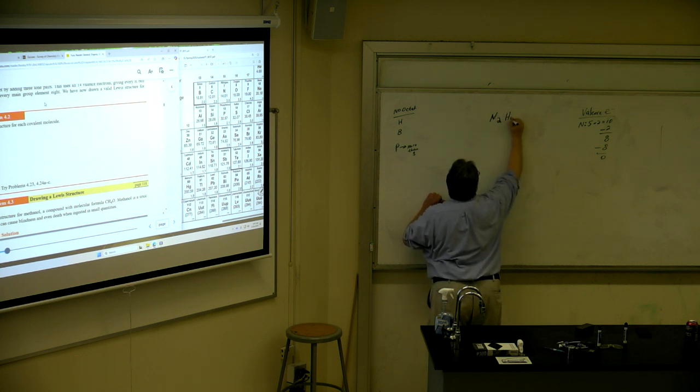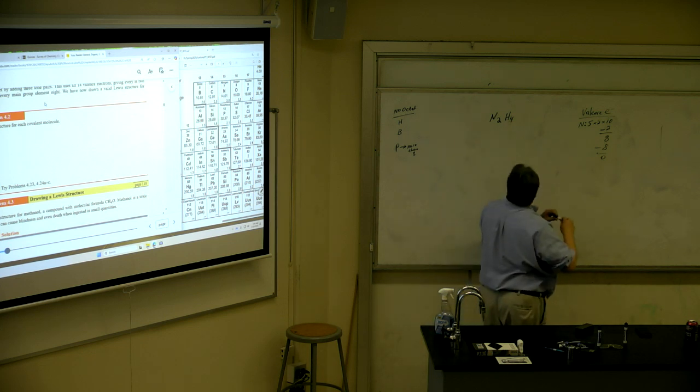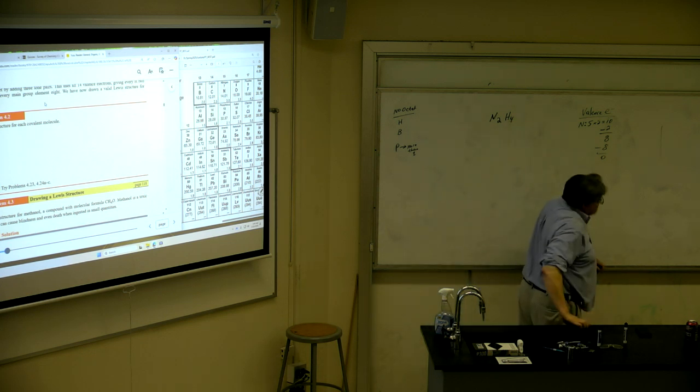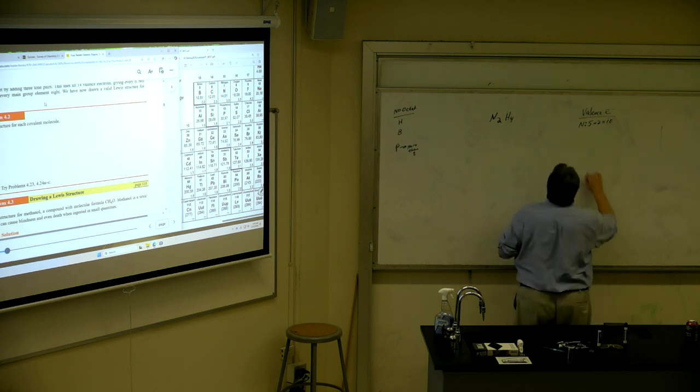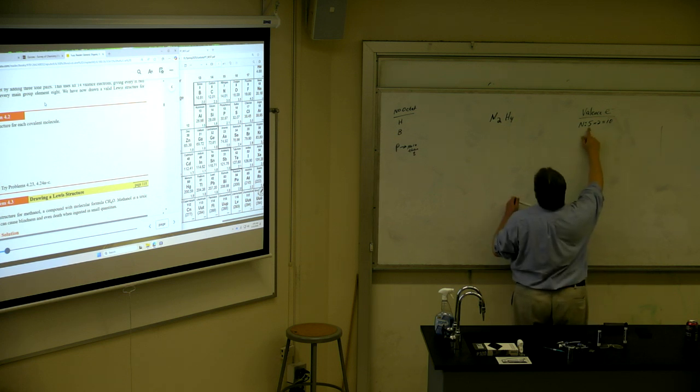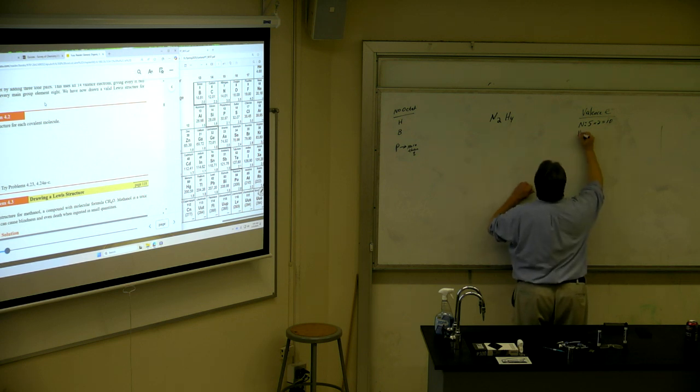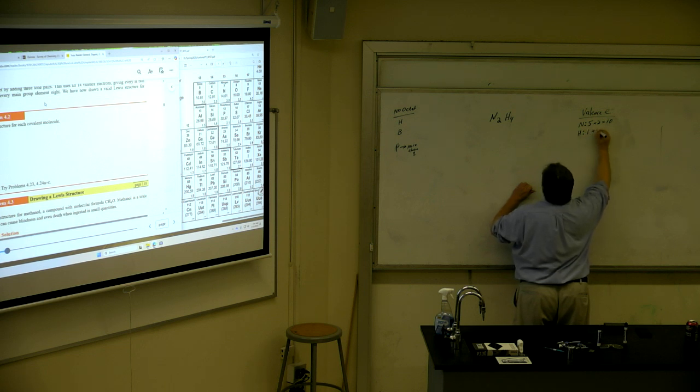All right, to add these up. Five valence electrons for each nitrogen. There's 2 of them. H, 1. 4 of them.